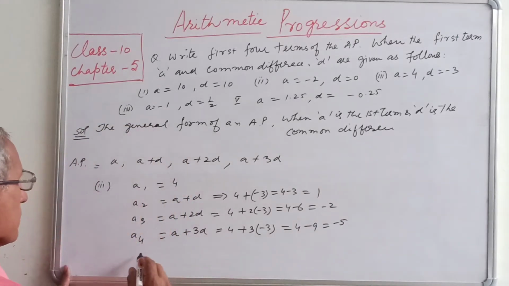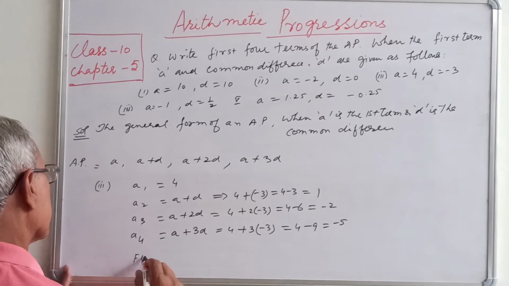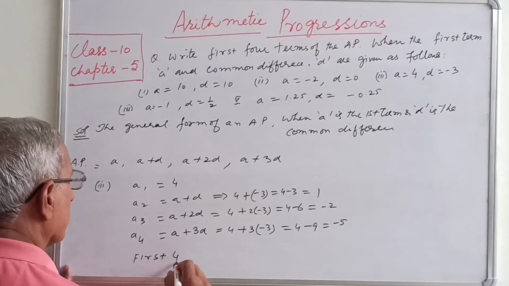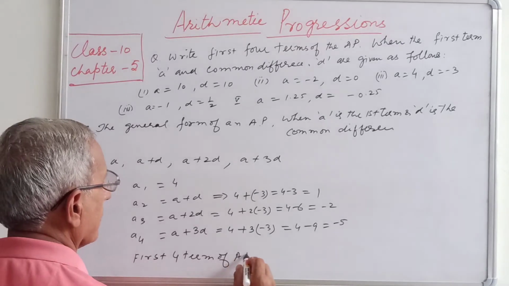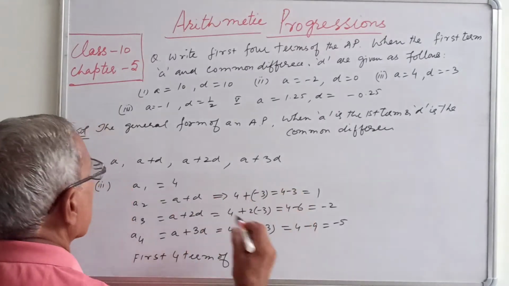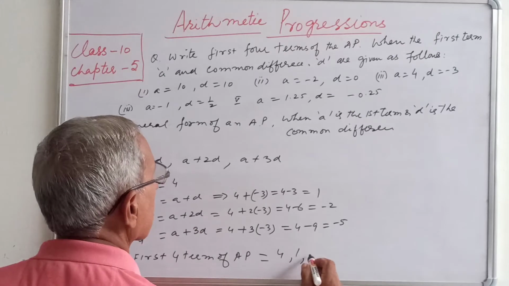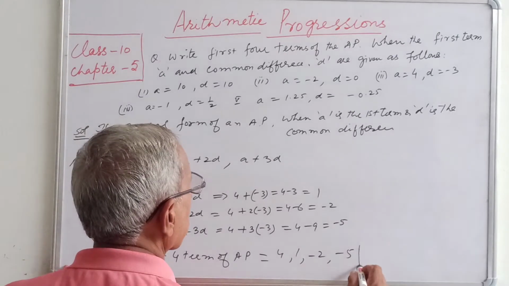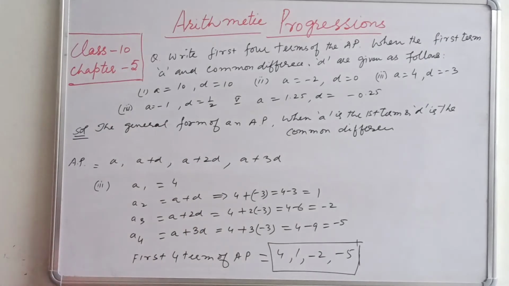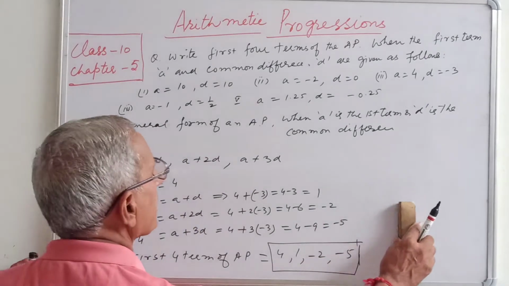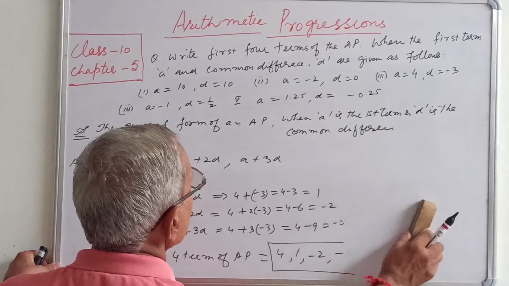The first 4 terms of the AP are 4, 1, minus 2 and minus 5. These are the first 4 terms of the AP with given A equal to 4 and D equal to minus 3.